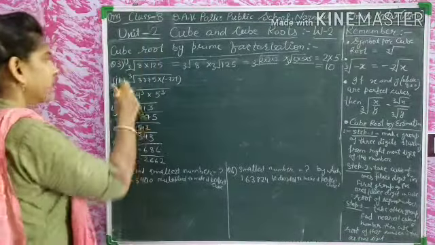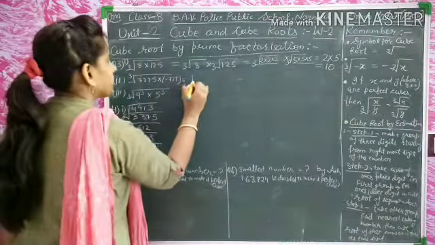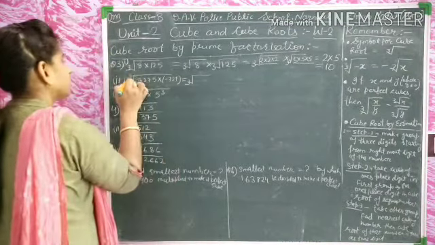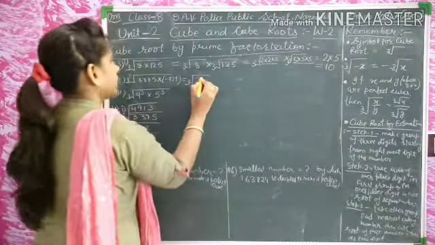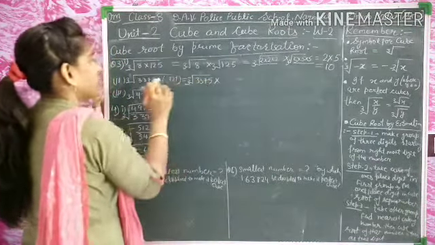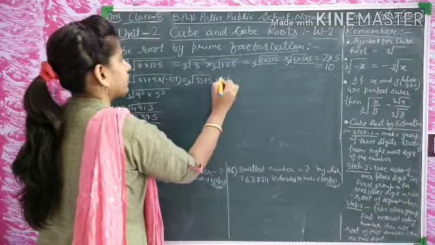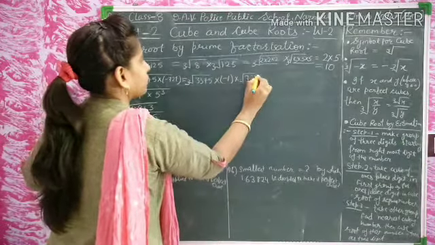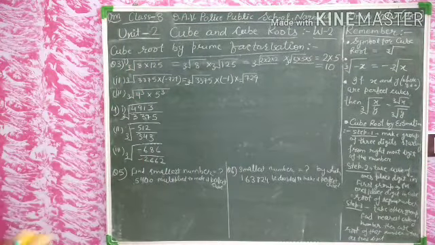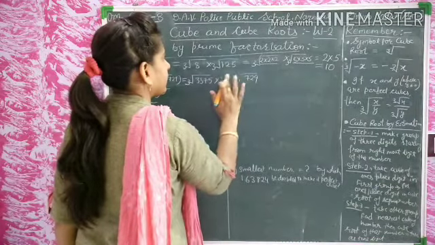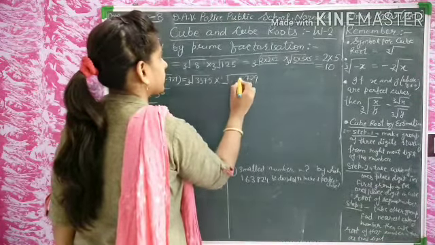Now we will find this. Again, the same, the cube root of 3375 into minus, we take as into the cube root of 729, and that equals, as we take in the first step, the cube root of this.